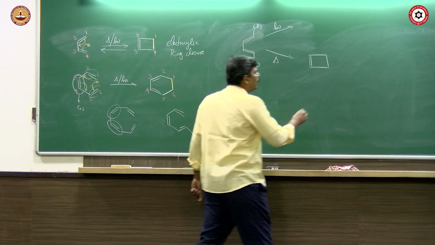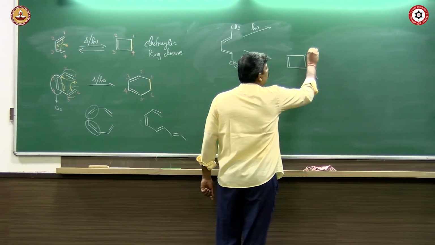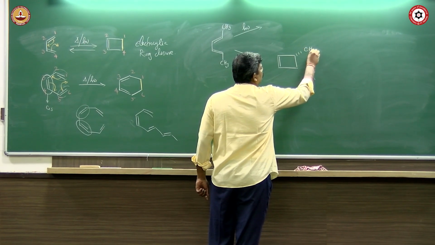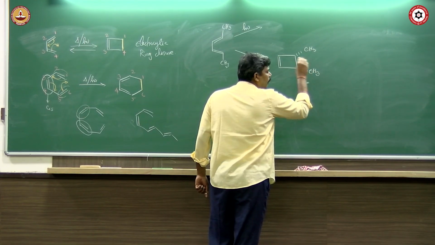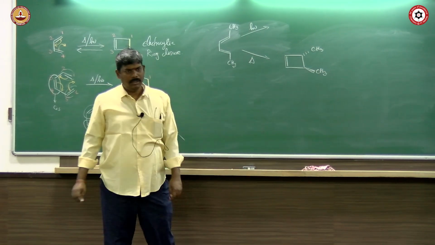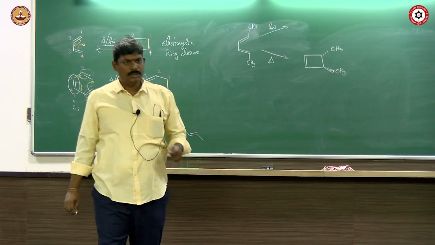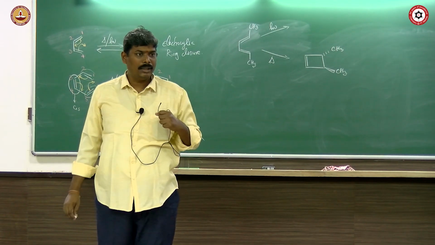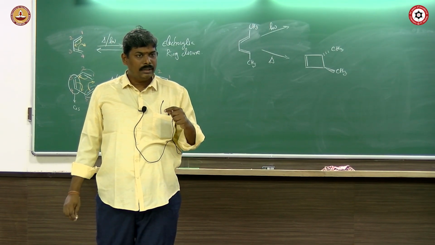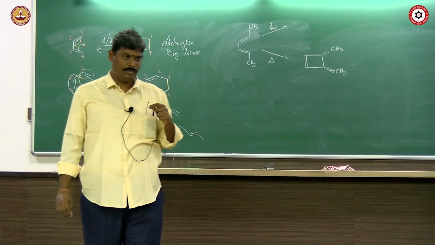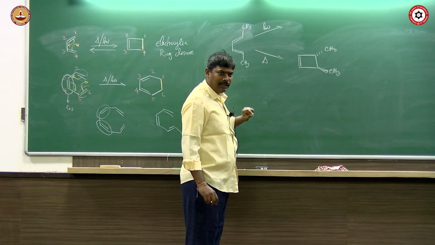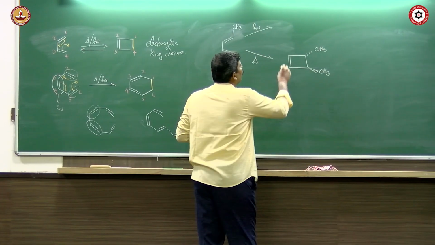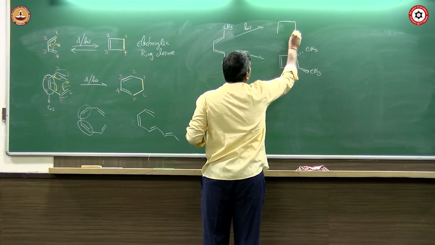You would get, in this case, a trans product. I'll explain why. When you heat a 4n system with this particular alkene, you would end up getting a trans product as a major product. And if you shine a light, the product will be cis. This is what I meant.